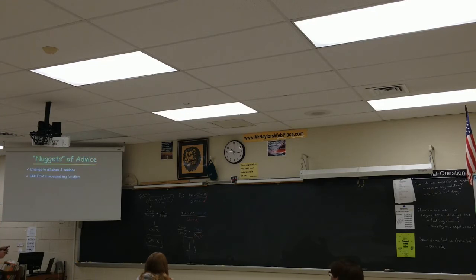Something that's happened now in 2 problems is that we basically have turned everything into sine and cosine. That is probably the most common strategy, changing everything to sines and cosines, because sines and cosines often can interact, meaning they might cancel, or you might be able to put them together.